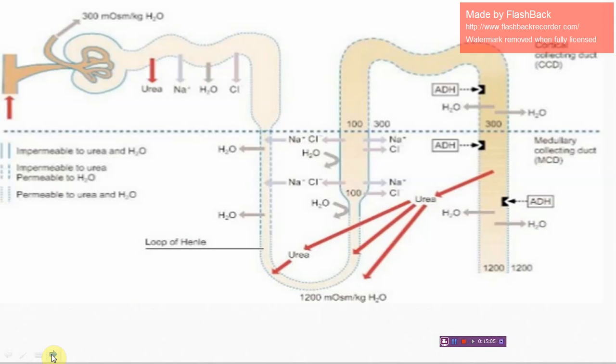Here we see, as in the PCT, urea, sodium, water and chloride are absorbed, and in the loop of Henle, in the descending limb, water is coming out and sodium and chloride are coming in, and the urea cycle is shown.